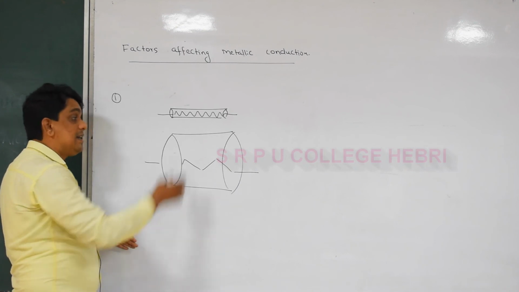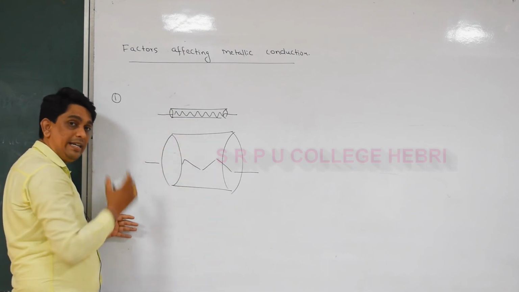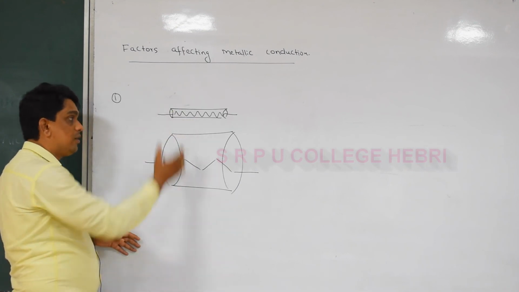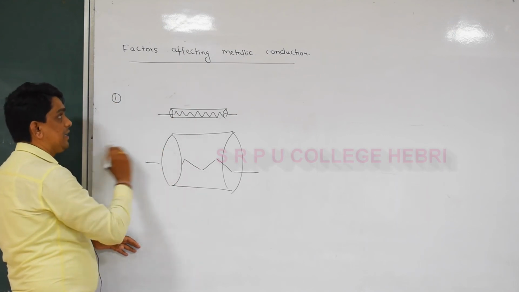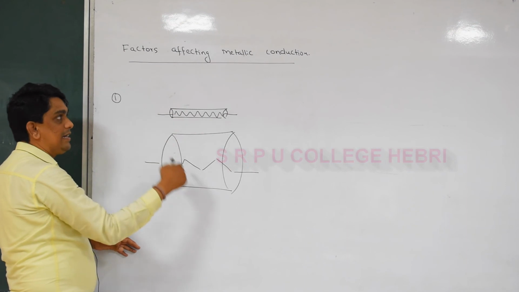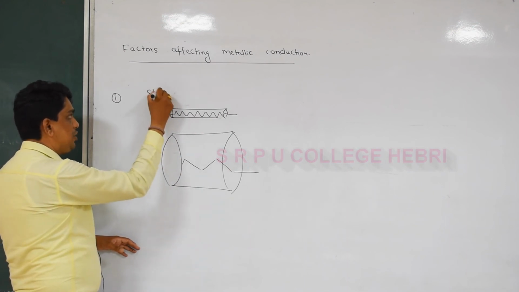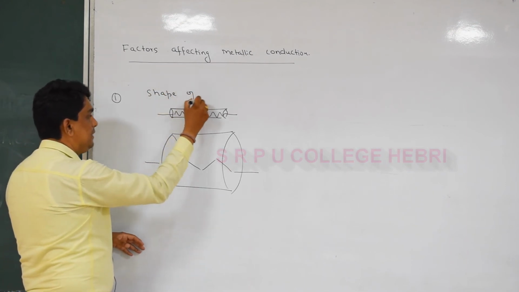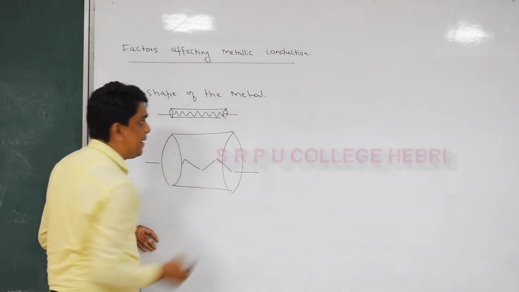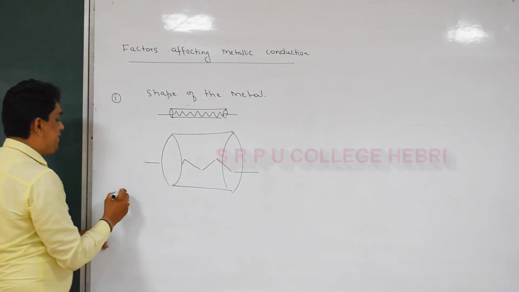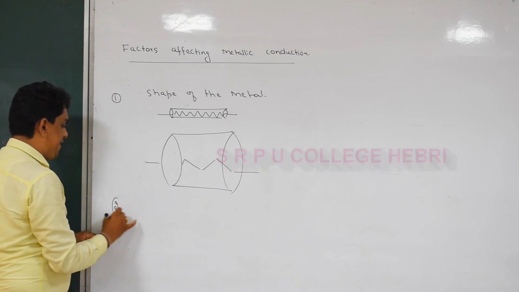That means conduction in the material depends upon the shape of the material. So the first factor affecting metallic conduction is the shape of the metal, or you can say the geometry of the metal.